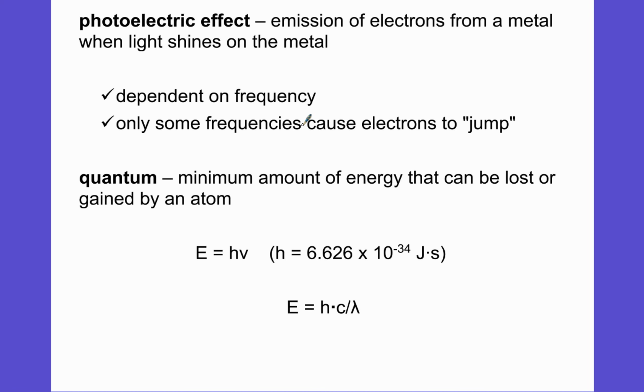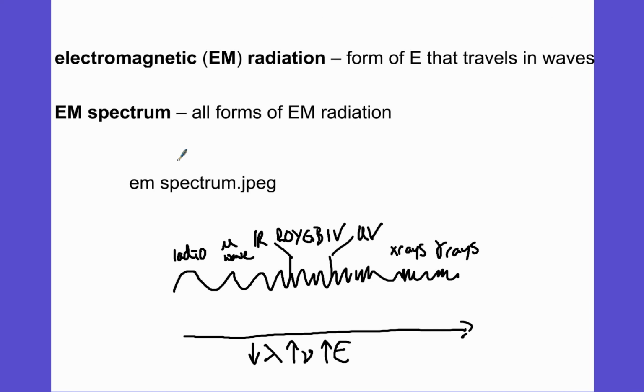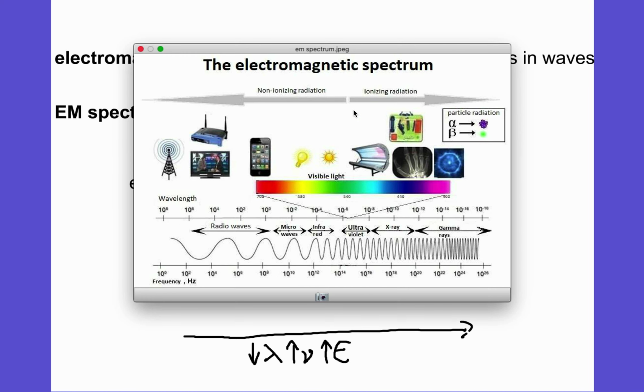And then we got this photoelectric effect. Again, it says light electric effect essentially there, right? You can have this emission of electrons from a metal when light shines on that metal. It depends on the frequency. There are only some frequencies that cause electrons to jump, right? Essentially, it'll be these frequencies on my spectrum from before that are considered ionizing radiations, right?